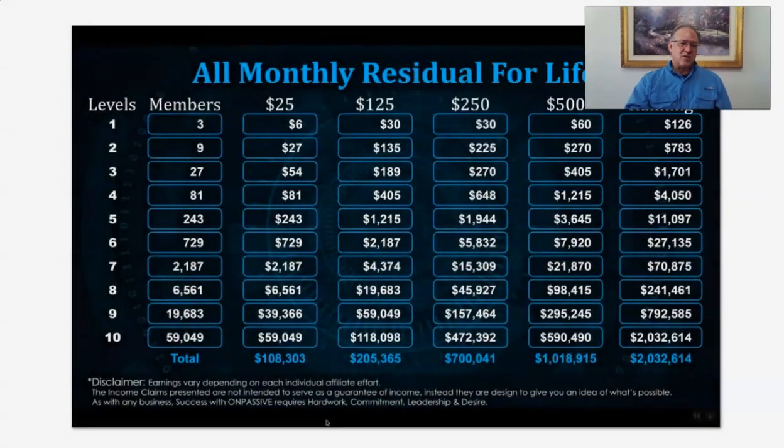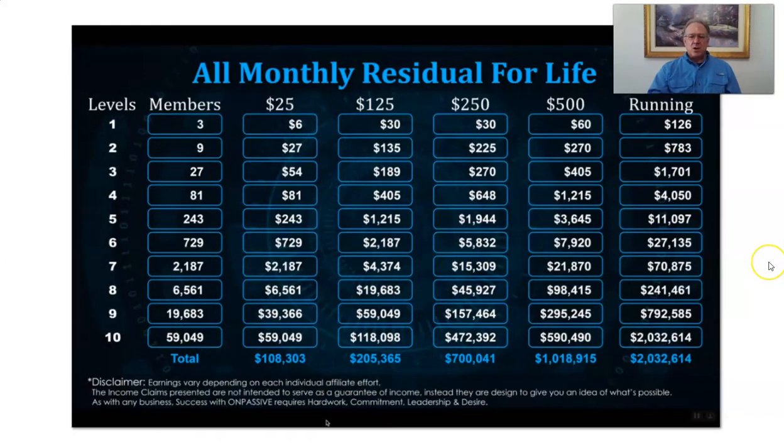If you're looking at the overall matrix of OnPassive and you think because you got in 5, 6, 7, 8 months ago you're going to have 3,000, 10,000 people underneath you, and you're just set for life. We really don't know, as we look at the matrix, who is above us. That's one of the things we can't tell right now. You might have 20,000 people above you, but you might only have 10.